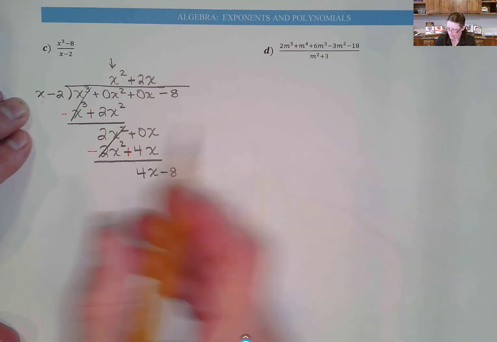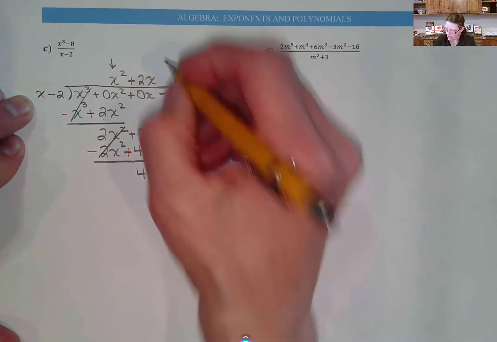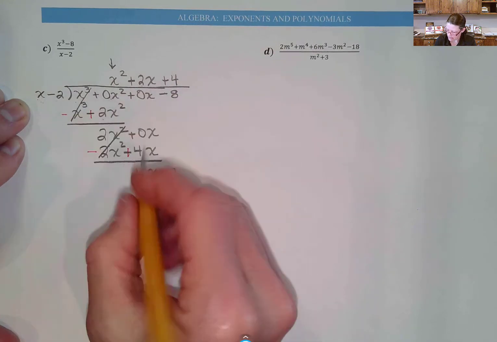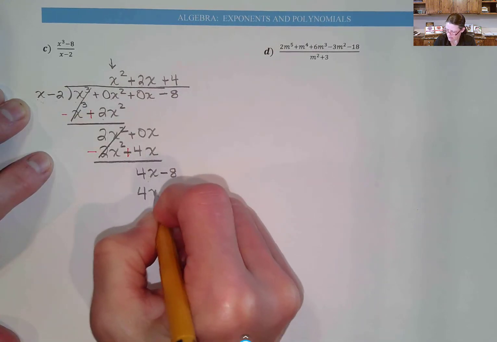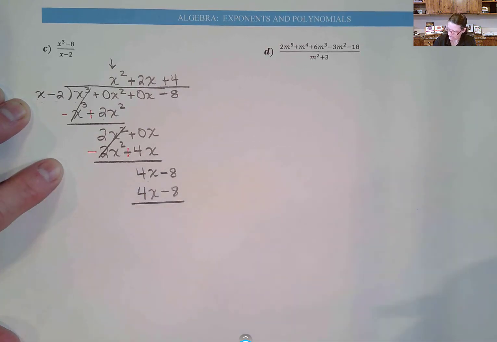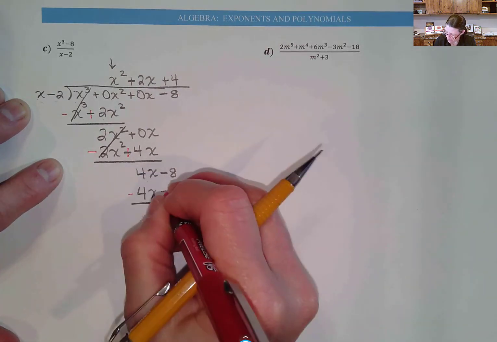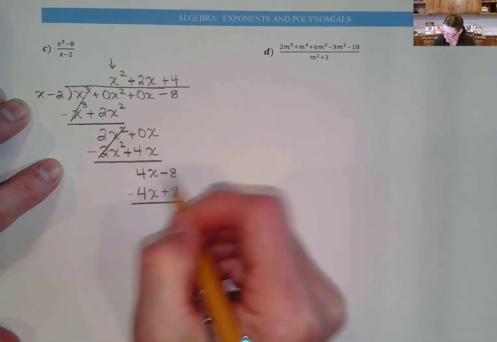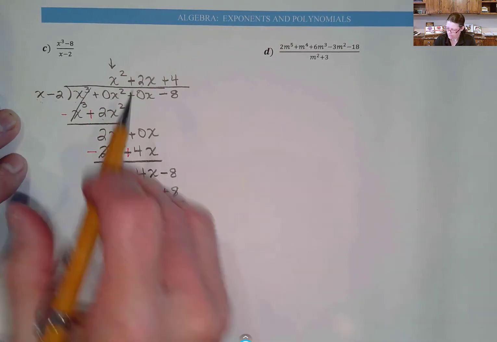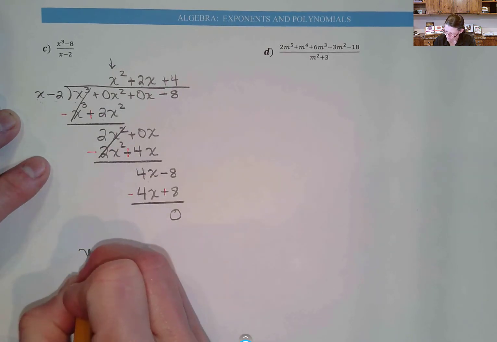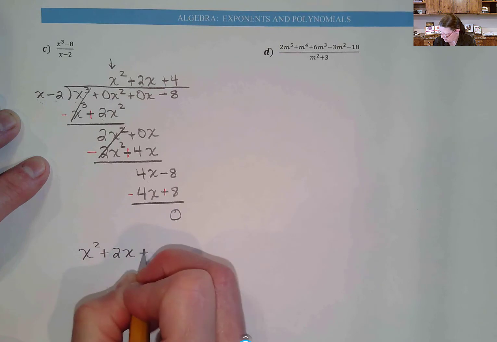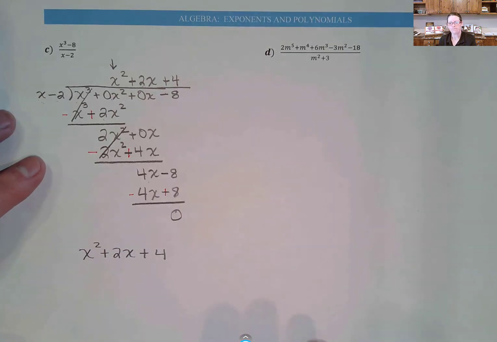Last round. X divides into 4x 4 times. Multiply back. That's 4x minus 8. And subtract. And it appears that this is going to have a 0 remainder. Our answer, x squared plus 2x plus 4.